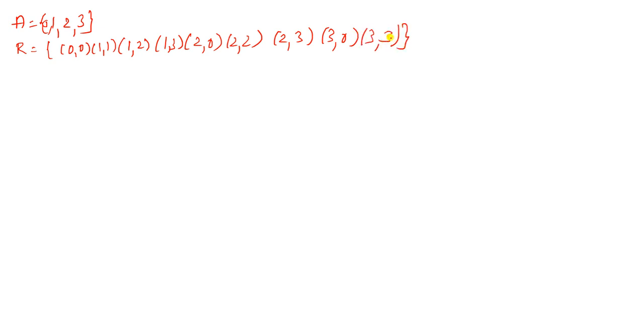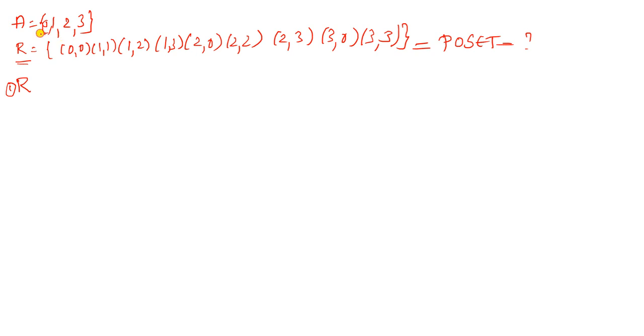Okay, now check whether this particular relation is a poset or not, a partially ordered set or not. So here we need to check whether R is reflexive or not, the first condition, and second condition R is antisymmetric or not, and third condition R is transitive or not, right?